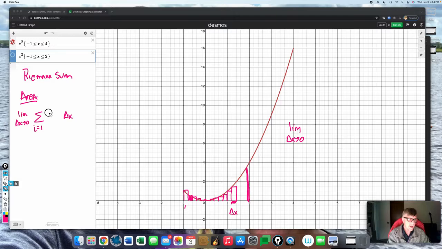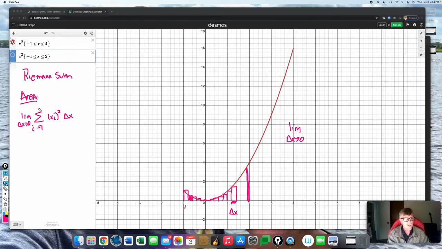And so for the area for this parabola, you would evaluate these from x equals -1 to 4, right, and your x subscript i would be evaluated by squaring it, right? So that is your Riemann sum from i equals 1 to whatever, and then you have to find your limit as delta x approaches 0.